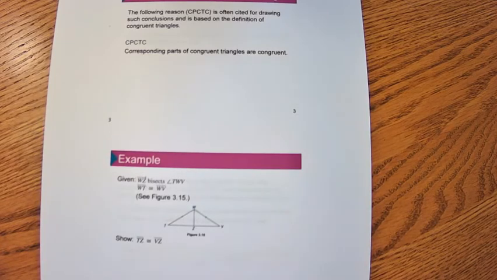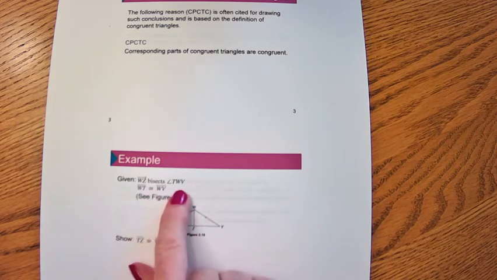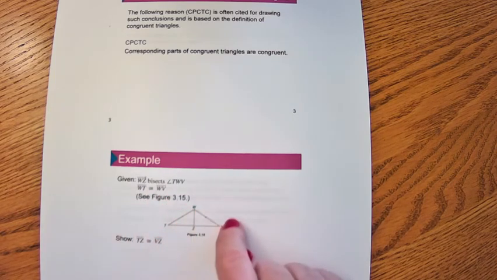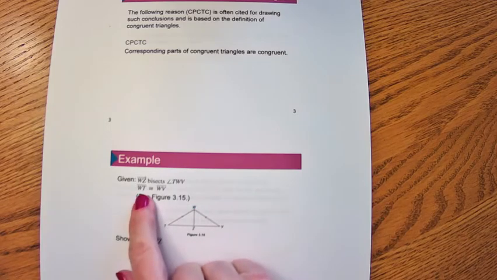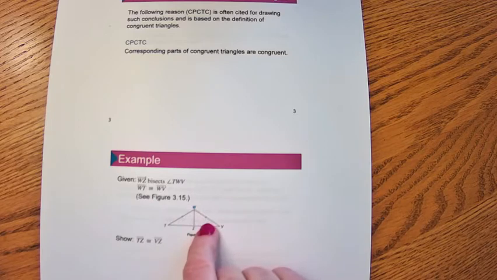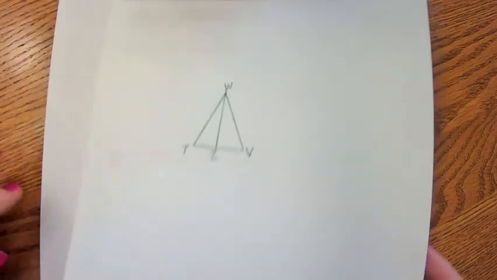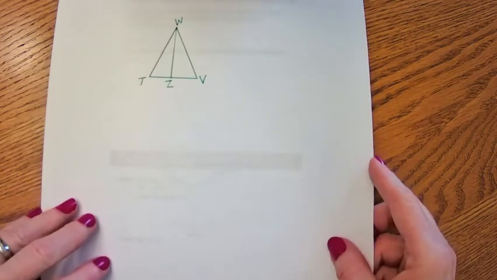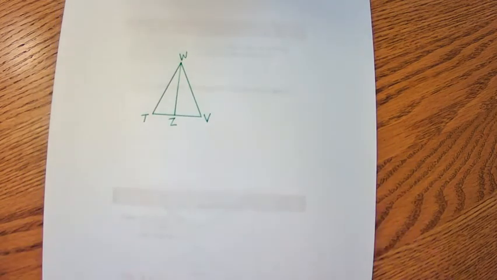They're corresponding. So here we're told that ray WZ bisects the angle TWV, and that the segment WT is congruent with the segment WV. I've redrawn this because we're going to use it a lot in this example.